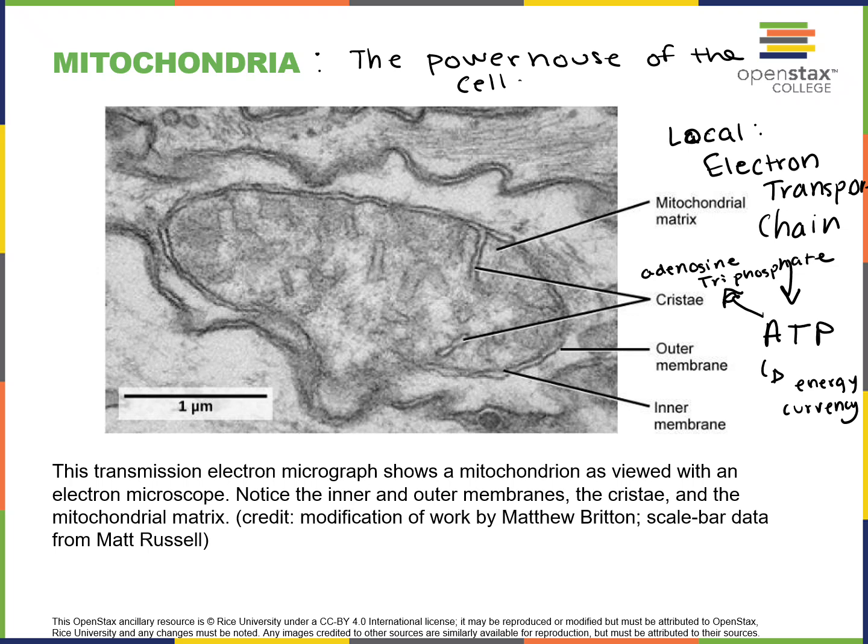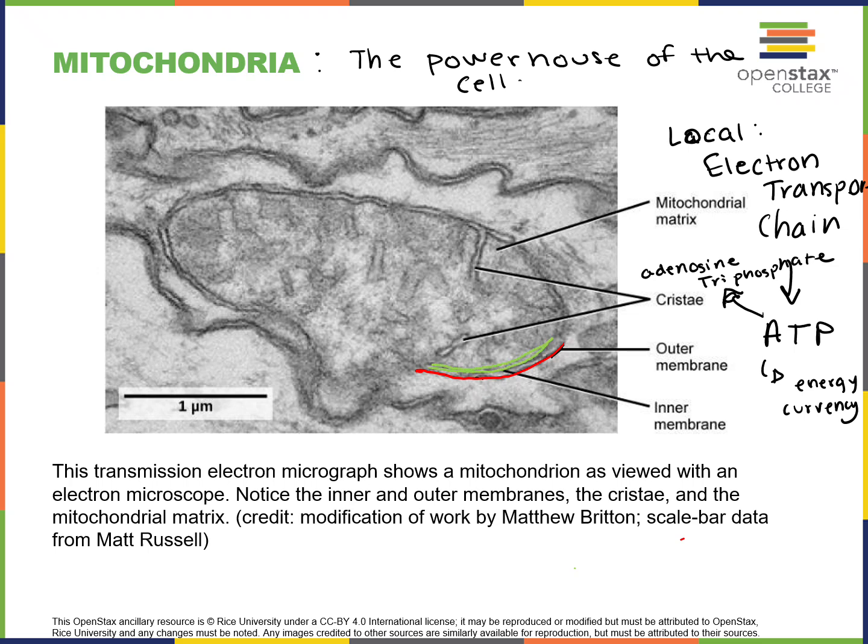Okay. The mitochondria has a double membrane, an inner membrane and an outer membrane. You can kind of see it here. Let's do this in red. Outer membrane and inner membrane.